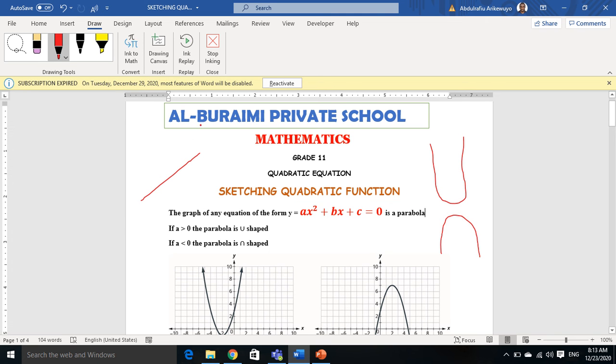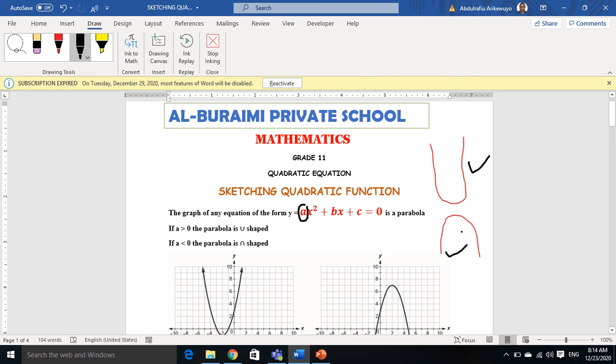Now, what will tell us whether it will face up or down is this value a. If this value is greater than 0, then the parabola is going to face up, as you will see in the example we'll take soon. If this value a is less than 0, then it's going to face down.